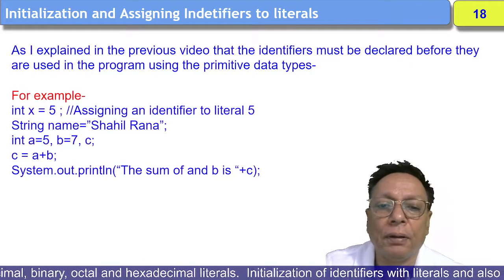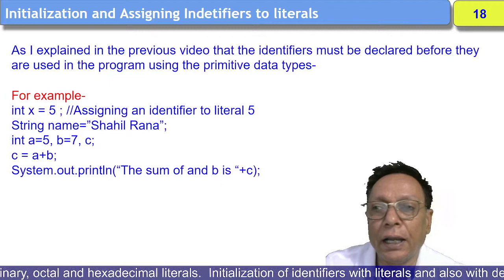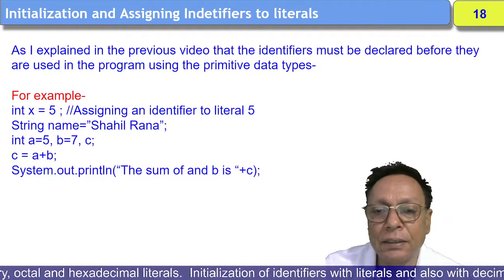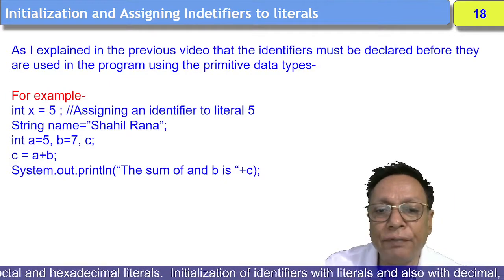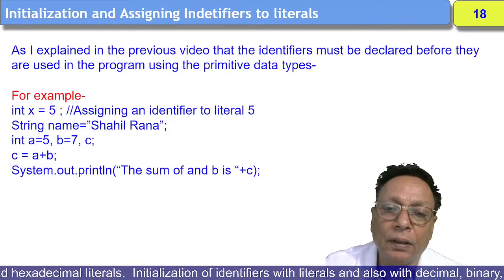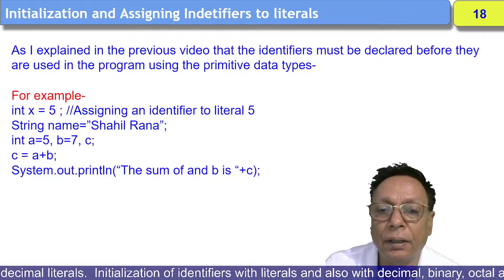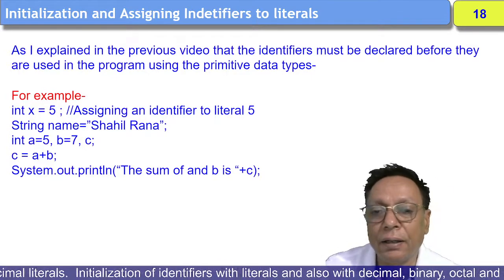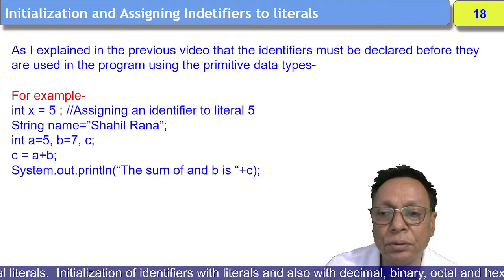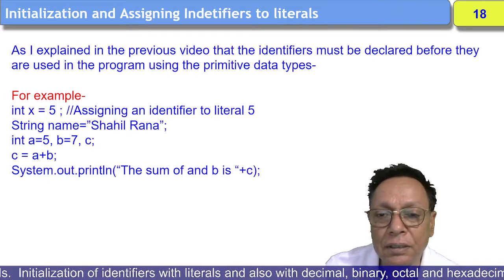For example, this is the program. Here I have declared a variable x and initialized this identifier to literal 5. Likewise, String name: name is an identifier which is initialized to a string, that is Rana.